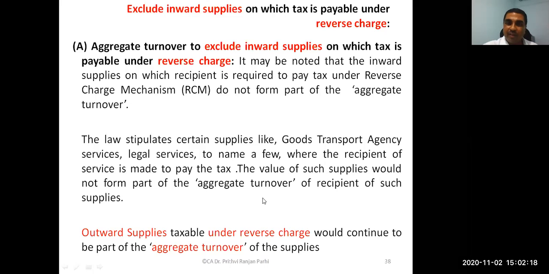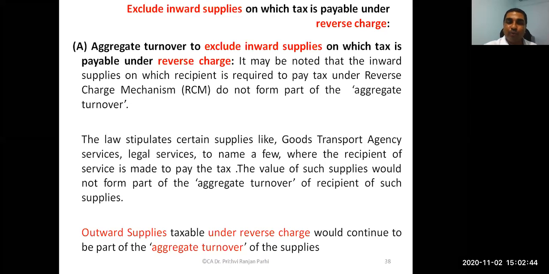Here you have to remember, outward supplies taxable under reverse charge would continue to be a part of aggregate turnover. That means only when GST is paid on inward supplies under reverse charge mechanism, that will not be included in aggregate turnover.